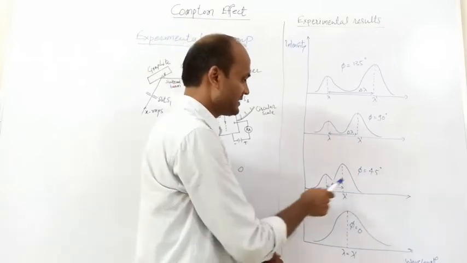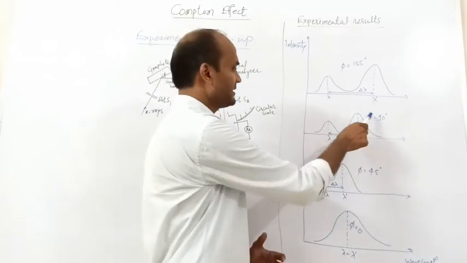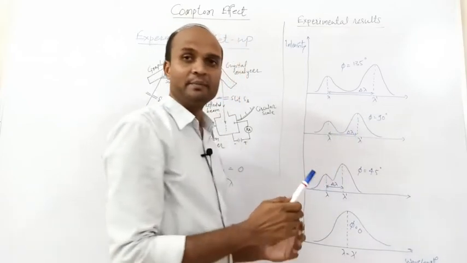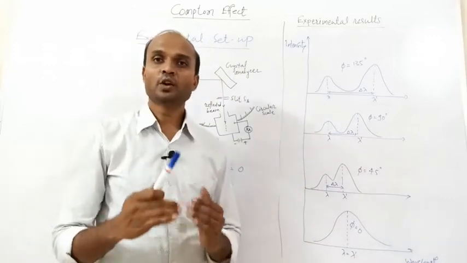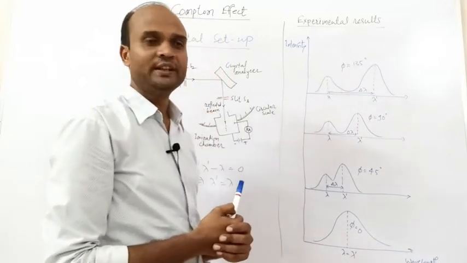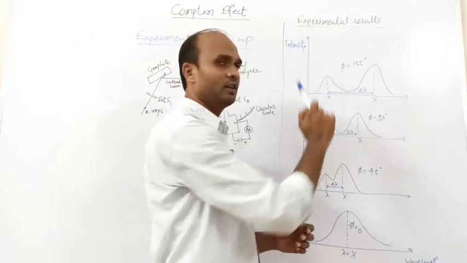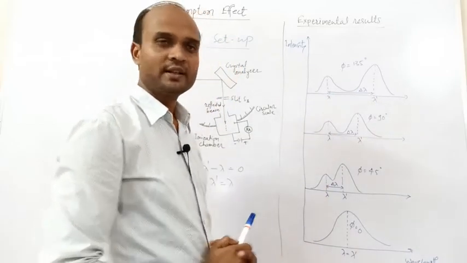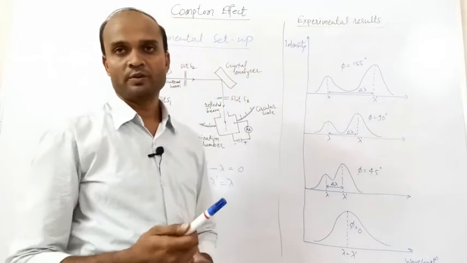As phi increases, we get Compton shift delta lambda. As phi increases further, the Compton shift also increases, so the difference between the two wavelengths goes on increasing. And for 135, again we get 2 intensity peaks, one for the original wavelength lambda, the other for the longer wavelength lambda dash, and the difference delta lambda is more.